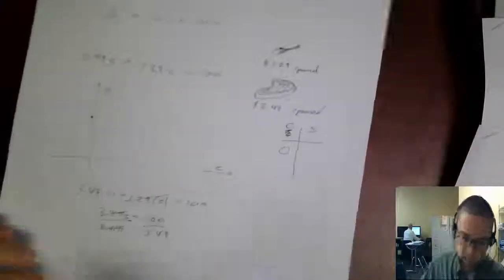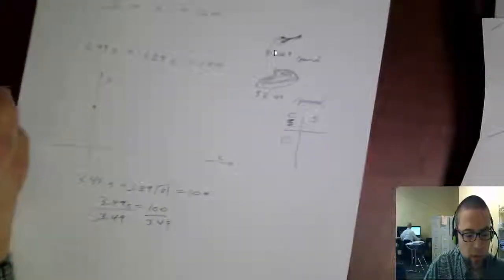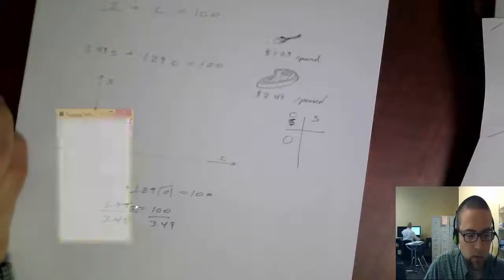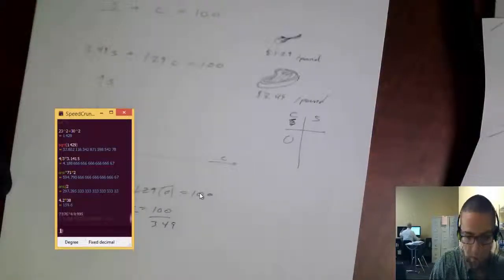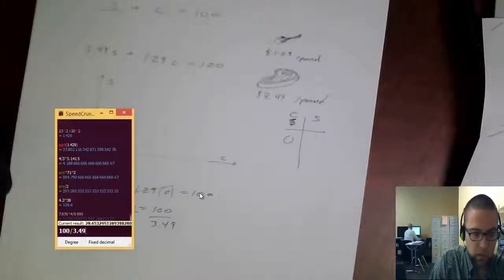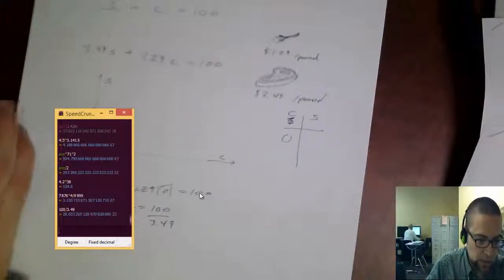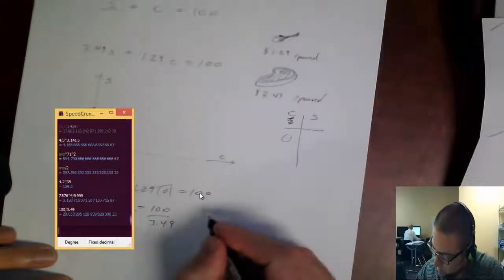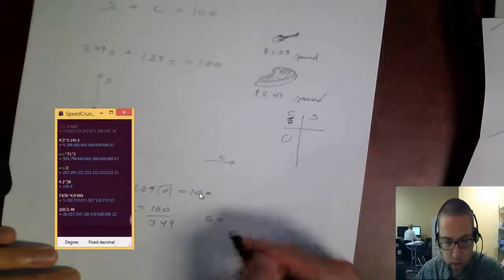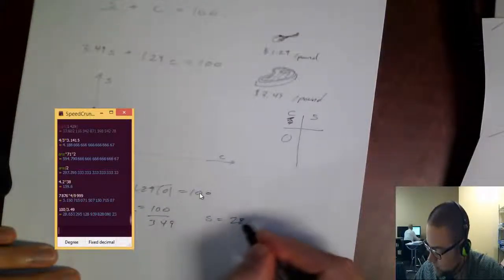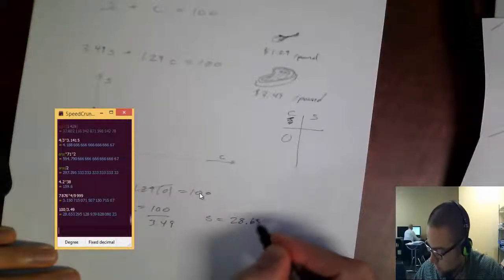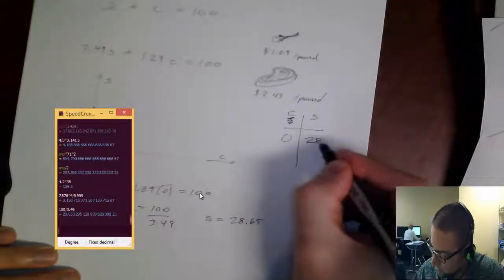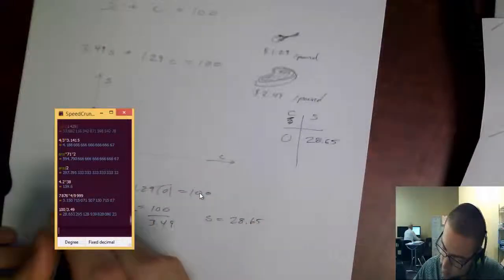I cannot do that in my head, so I am going to grab a calculator. So I do 100 divided by 3.49. The result is 28.65. So the number of pounds of steak that you could buy is 28.65 if you bought no chicken.